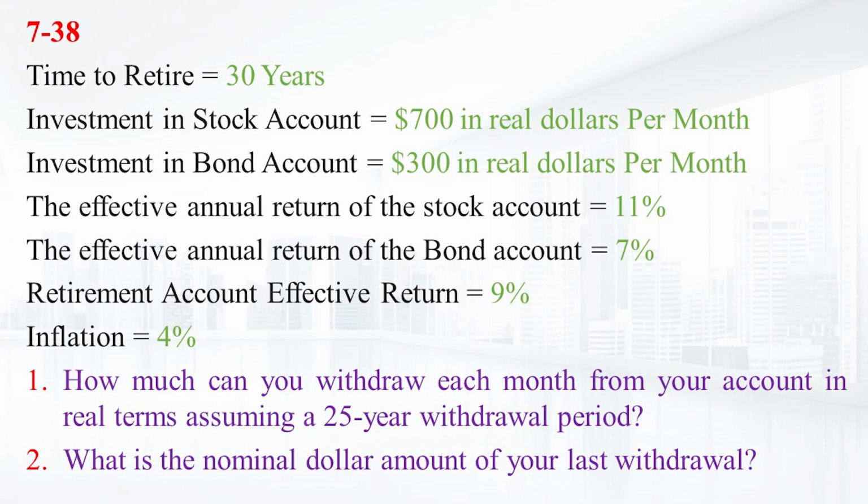To answer this question, we need to find the monthly interest rate, which is APR divided by 12. We must also be careful to use the real interest rate. By using the Fisher equation, we can find the real interest rate.